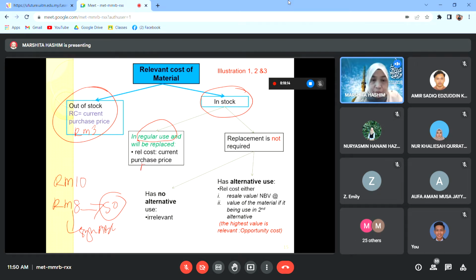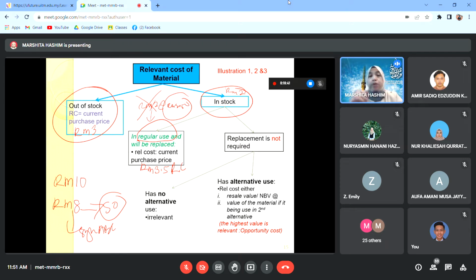If you replace material, maybe due to short notice, you have to pay 3 ringgit 50 cents. Previously, you bought material at maybe 2 ringgit. So in this situation, you have two prices, 2 ringgit or 3 ringgit 50 cents. 2 ringgit is past cost, it is irrelevant. Therefore, your relevant cost is 3 ringgit 50 cents.